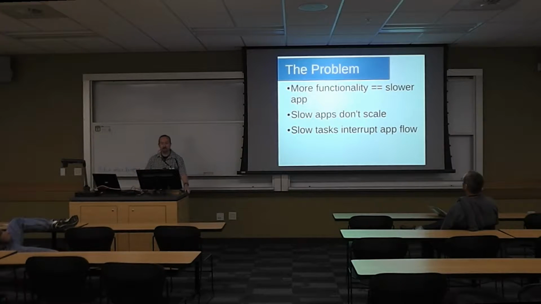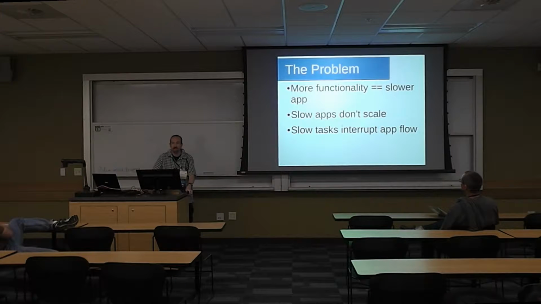So the main problem is that the more functionality you add, the slower your application goes, because you've got tasks that take a while and you've got to wait for them to finish before you can move on to the next one, or you're trying to do 100 different things at once and your application is trying to get all of them completed before moving on to the next one. Now, slow applications don't scale. That kind of goes without saying.